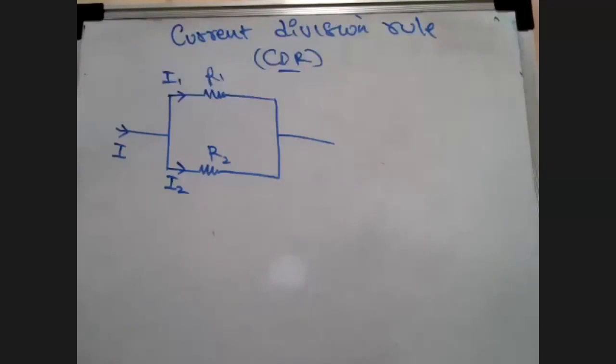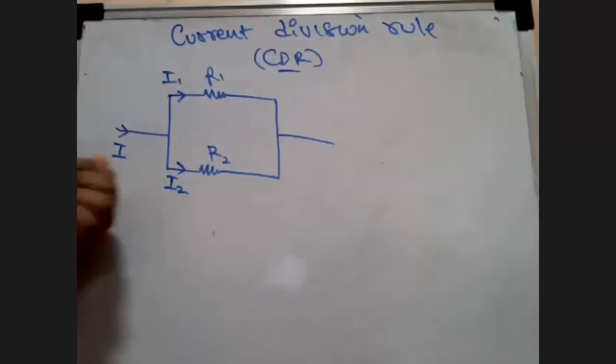You will always see circuits in which they will ask you to find out the current through this resistor, or through that resistor. And if you don't have much practice with it, it gives a very horrible feeling. So this is a small trick.